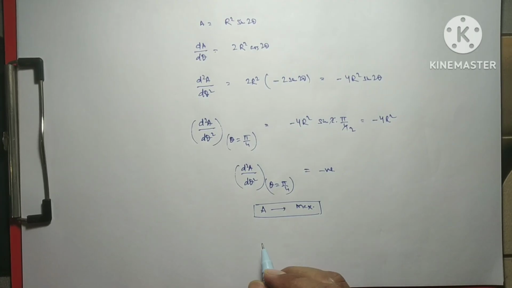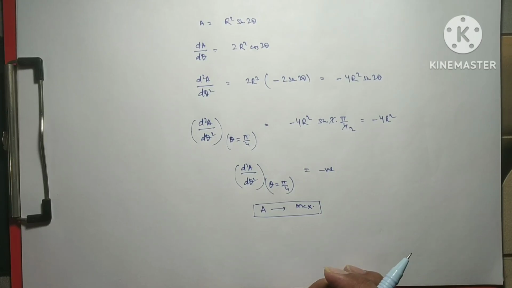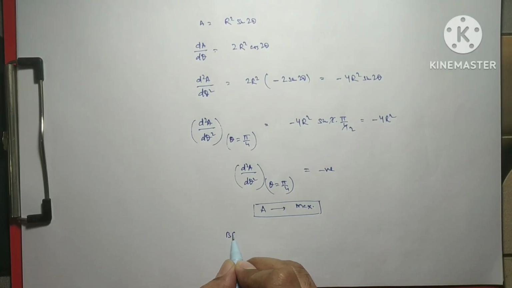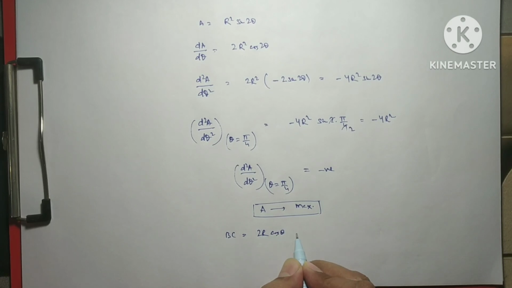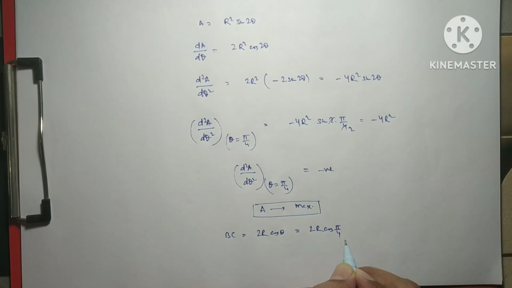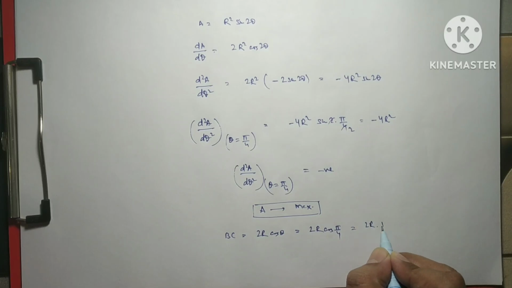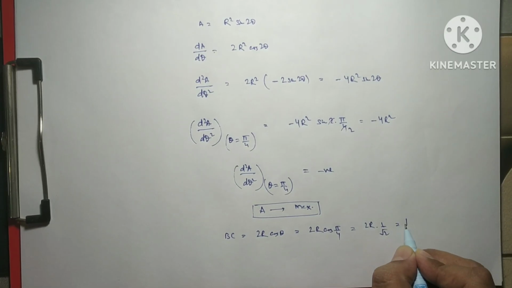So it is proved. And the one more thing we want to prove, this is an isosceles triangle, so the sides BC and AC should be equal. So BC is 2r cos theta, and theta is pi by 4, so it is 2r cos pi by 4. Cos pi by 4 is 1 over root 2, so we get 2r into 1 over root 2, so it is root 2 r.